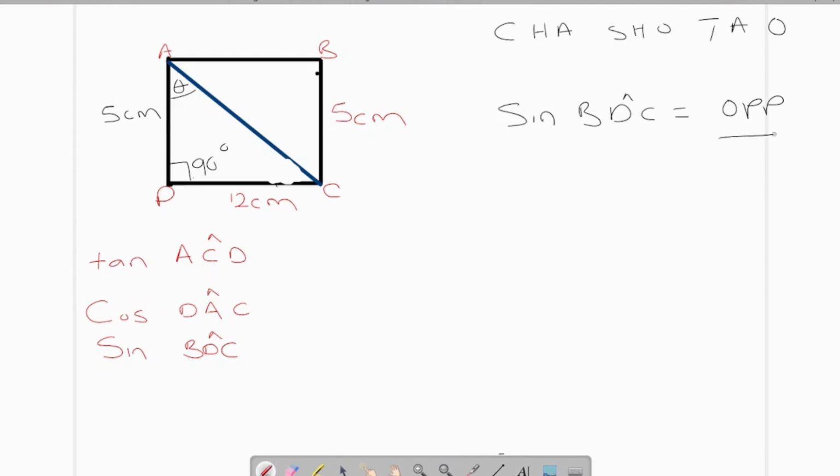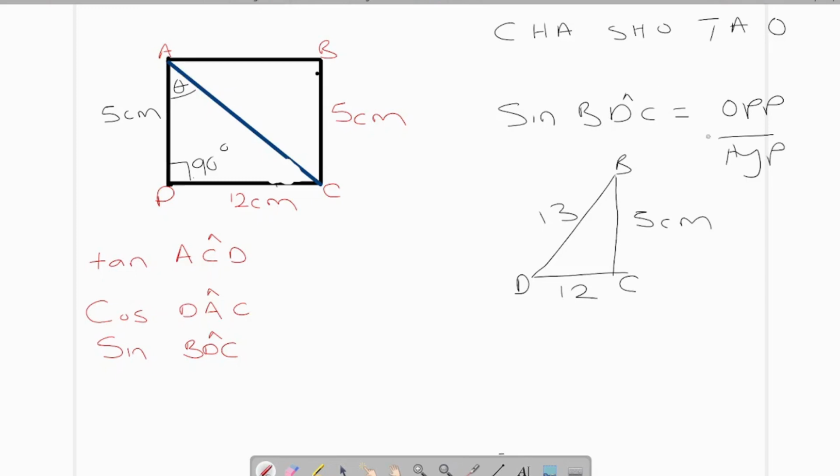Let us split this triangle BDC so that you can understand clearly. So this is our triangle here. Here we have B, here we have D, and here we have C. Here we have 5 centimeters, here we have found the hypotenuse is 13, and this is 12 centimeters.